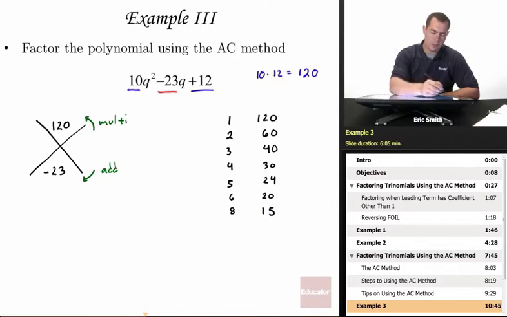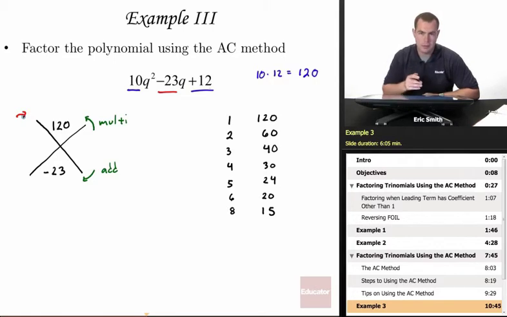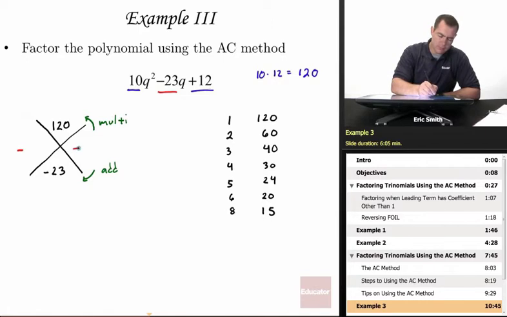Now that we have a bunch of numbers on this list, let's see how we can use it. We want these two numbers to multiply to be a positive 120, and the way we built this list, they all multiply to give us 120. But they must add to give us a negative 23. The only way you're going to add to get a negative number and multiply to get a positive number is if both of these new numbers are negative.